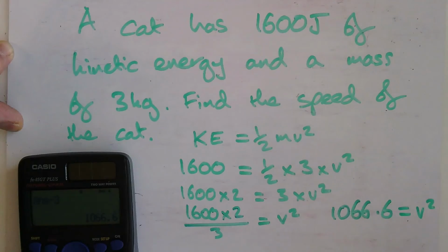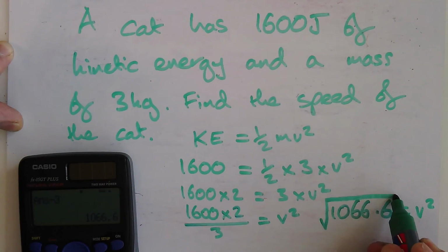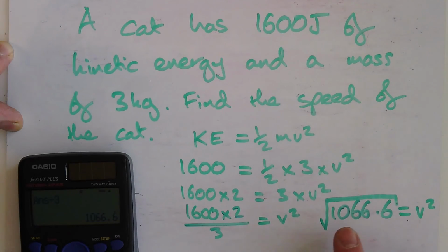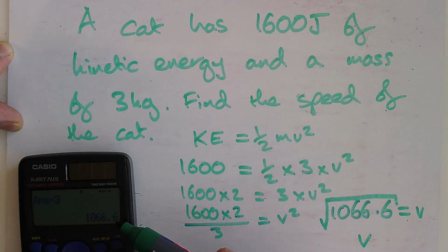Equals v squared. V still isn't on its own. The opposite of squaring something is square root. So I square root all of this side. I square root my answer, cancels out my squared. Now, luckily, I've left the number on my calculator.